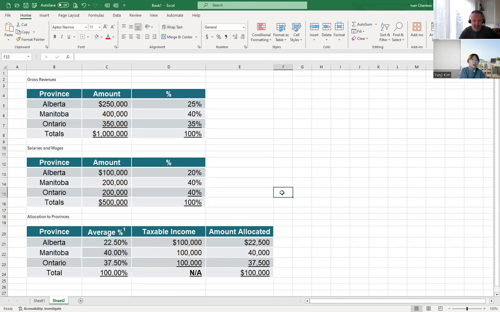So then, if the taxable income is only $100,000, how are we going to allocate that amount to each province? Because in each province, you're going to have a different tax rate. It's super easy, and technically it's cruel to ask you a multiple choice question on this.